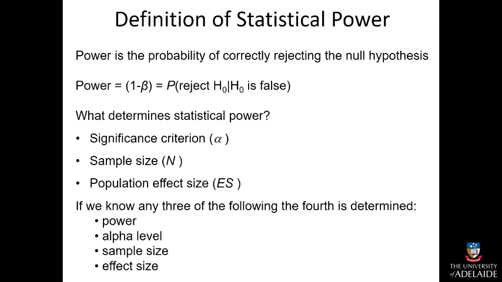So it's a system that has only 3 degrees of freedom. Statistical power is determined by the significance criterion you adopt, the sample size that you have, the effect size in the population. And as we'll see shortly, knowing 3 of those things means that we can determine the 4th, and that is what power analysis is about.